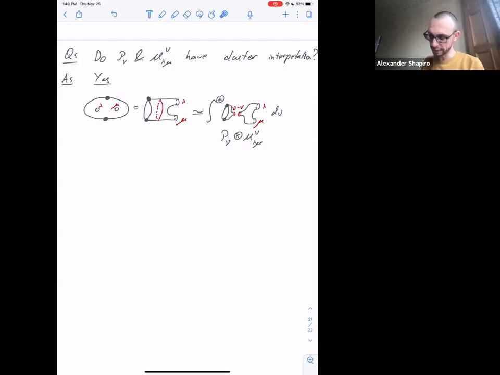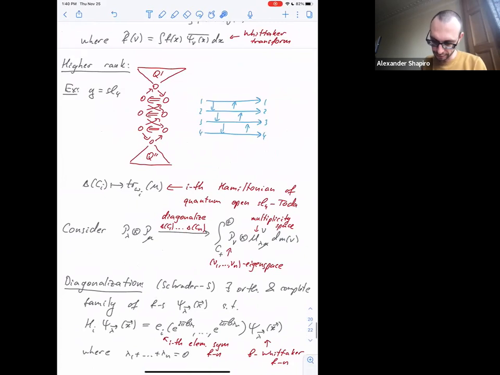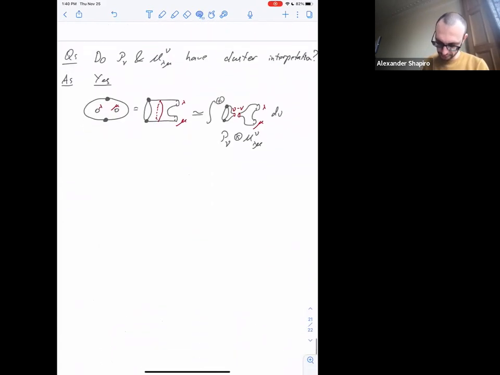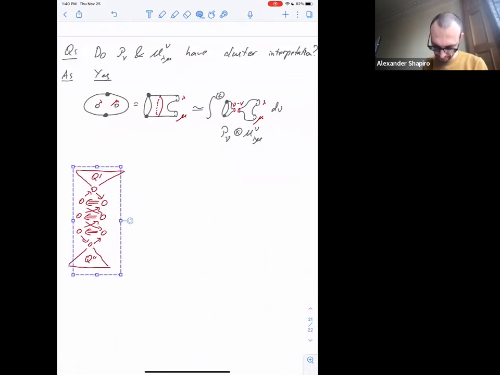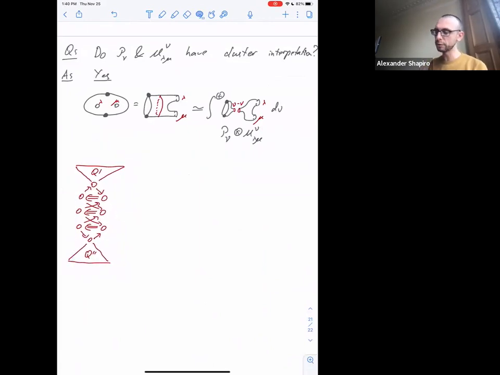And here's how we see that. Let me just copy this picture here. We start with the picture here, that's what we see on the left, in a cluster in which we are ready to diagonalize the total Hamiltonians.